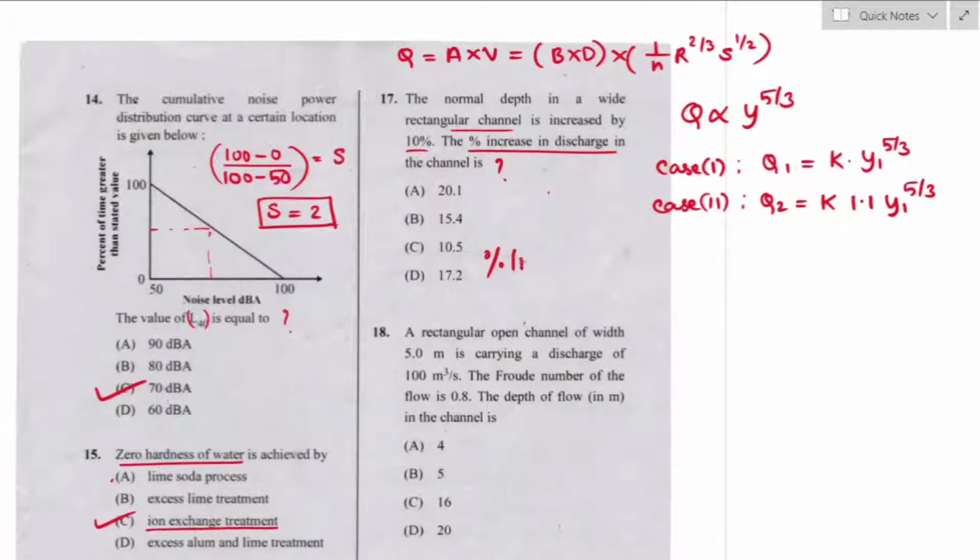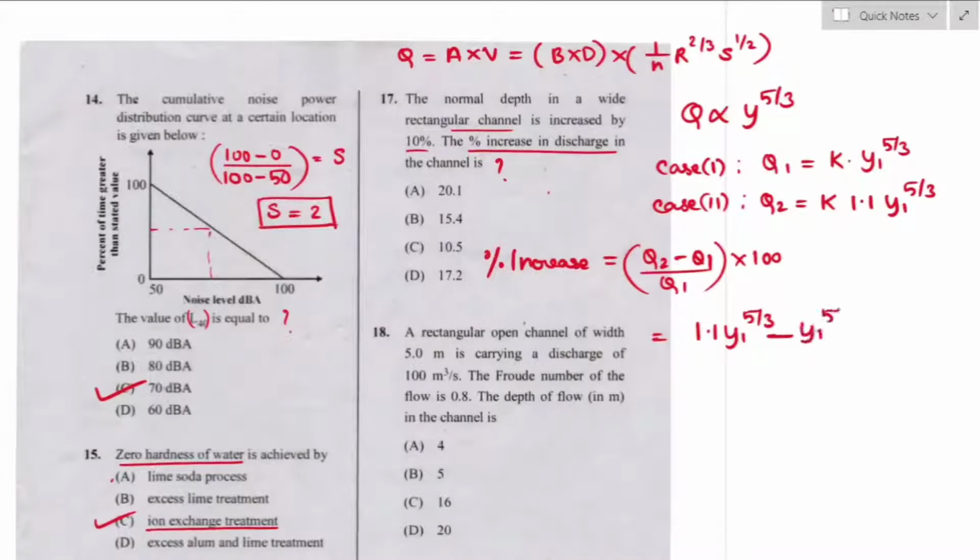So we have to find percentage increase in the discharge, which is given by (q2 minus q1) divided by q1 into 100, which is equal to (1.1 times of y1 to the power of 5 by 3 minus y1 to the power of 5 by 3) divided by y1 to the power of 5 by 3 into 100.